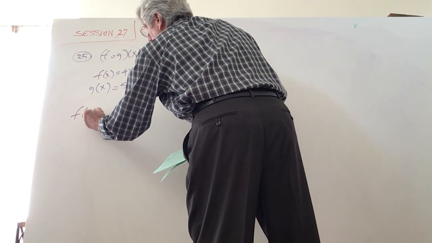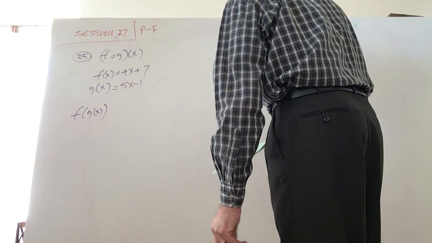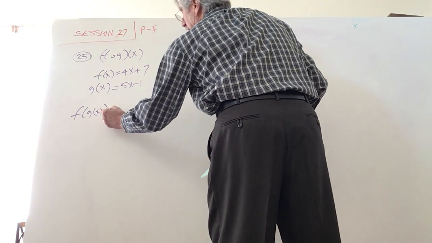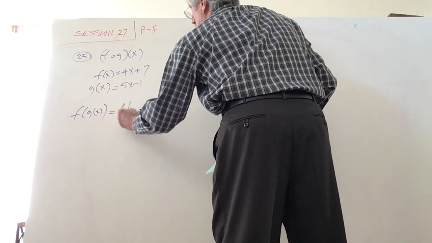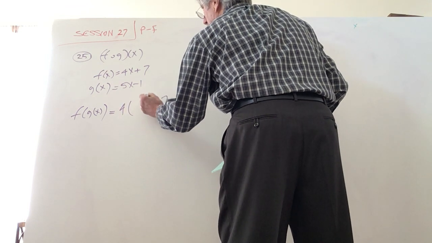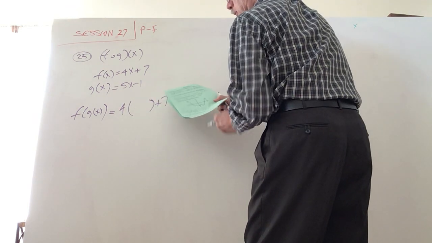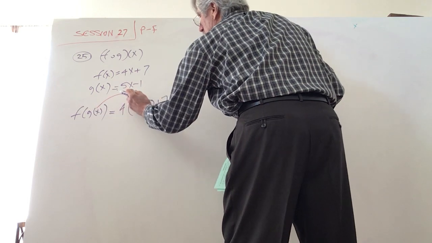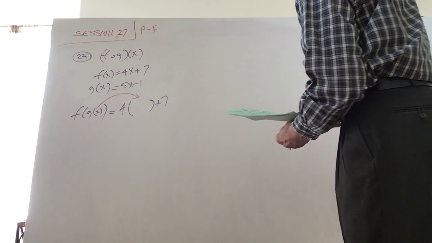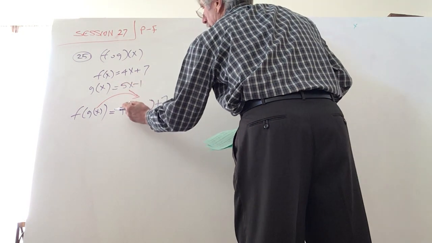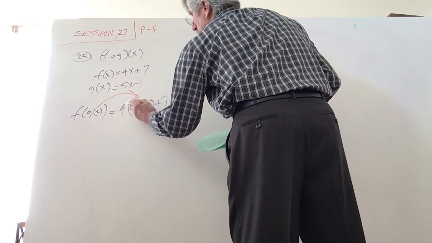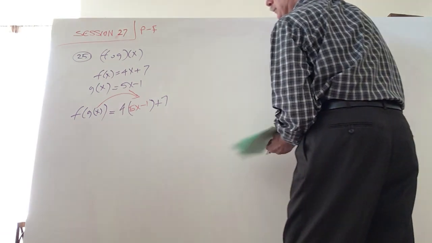Remember, this is another way of writing f circle g of x. So what we're doing is we're taking the f function right here, 4x plus 7. We're taking that f function and replacing the x in it with the g of x, g of x being 5x minus 1 right here, okay? So I'm going to do that. We're going to say 5x minus 1 in place of the x on the right.